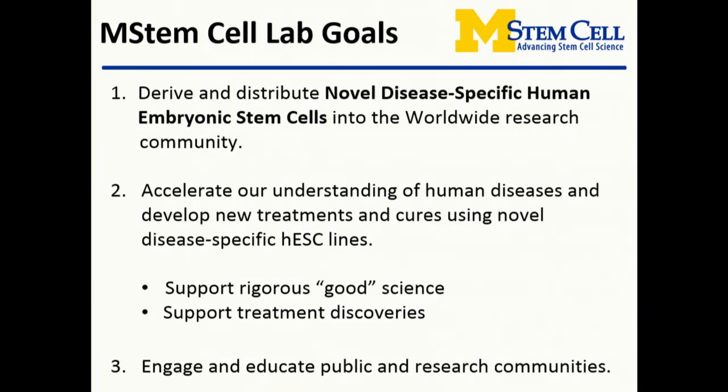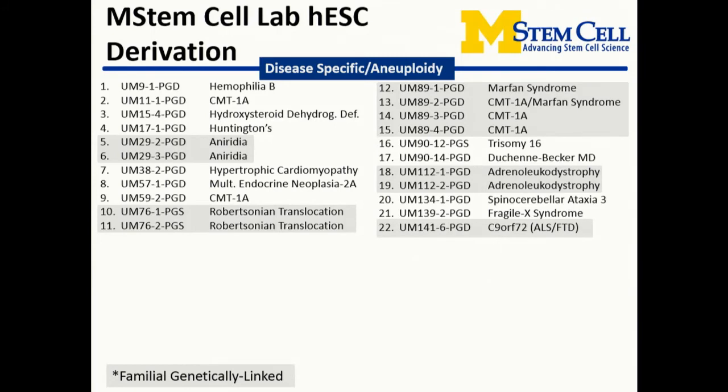We support good, rigorous science, and we believe this is going to support development of treatments. Lastly, we feel it's very important that we spend time engaging and educating not just the general population, but actually the scientific population. So here are some of the different stem cell lines that we've derived over the last few years.